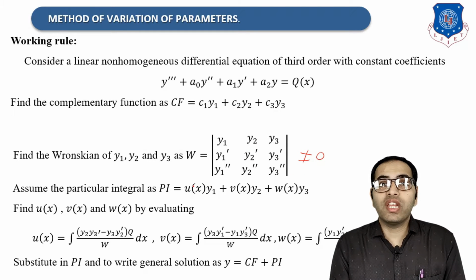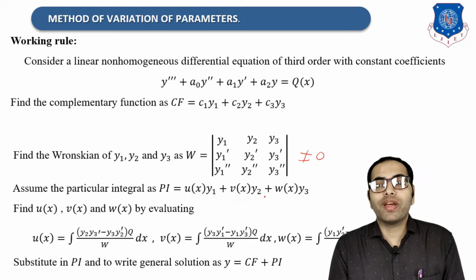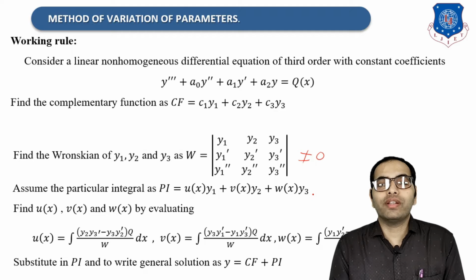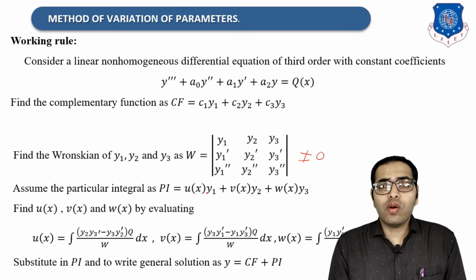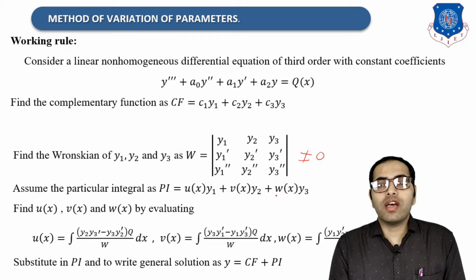Then we find the particular integral with the formula: particular integral is u(x) y1(x) + v(x) y2(x) + w(x) y3(x). Now we have to find u(x), v(x) and w(x). For that we have the formula u(x) equal to integral of (y2 y3' minus y3 y2') upon W into q(x).